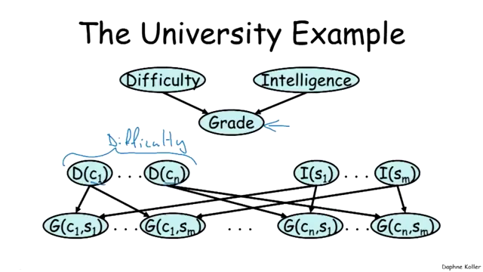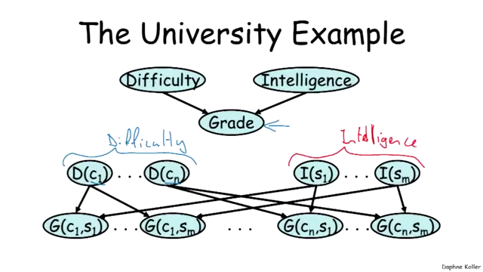And conversely, on the other side, we have multiple students. And this is a set of intelligence variables that are indexed by different students. So we have the intelligence of student 1 up to the intelligence of student m. Now note that these are different random variables. They can and generally will take different values from each other, but they all share a probabilistic model, and that's the kind of sharing that we have in mind.